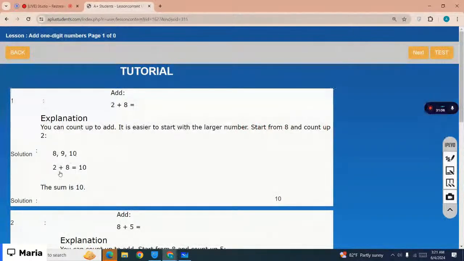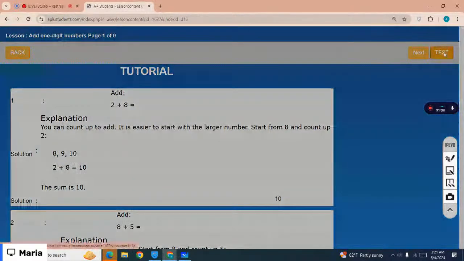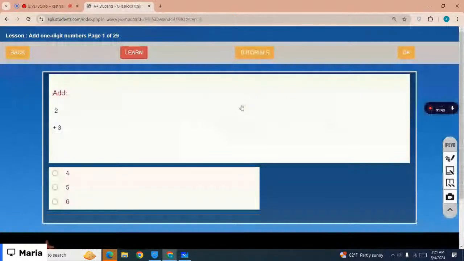Okay, so you have to add 2 plus 8 equals. 8 plus 2 is 10. Let's just start with the test questions. Add 2 plus 3 equals.